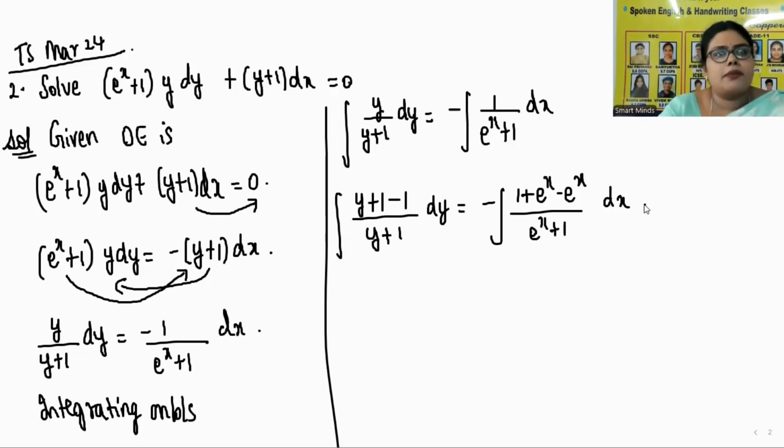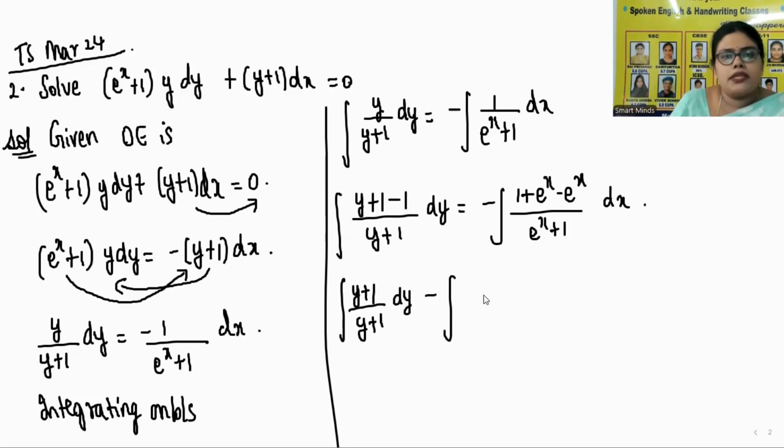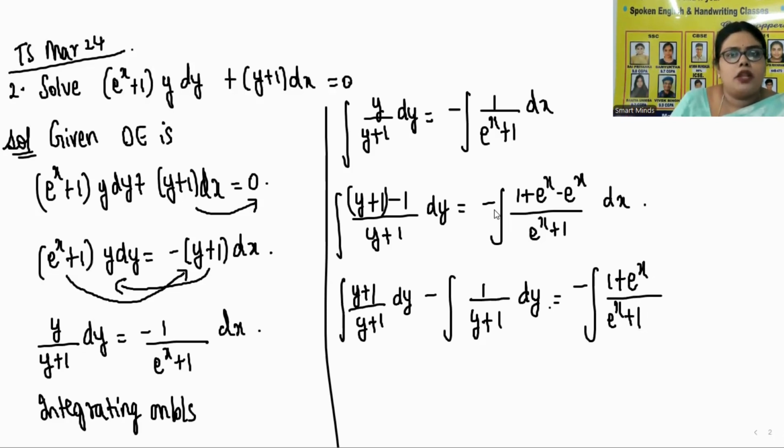Now we will separate it. Listen carefully to how we are separating it. Integral y plus 1 by y plus 1 dy minus integral 1 by y plus 1 dy. Did you understand? I separated this term and this term. Then here also we will separate: minus integral 1 plus e power x by e power x plus 1. Now minus into minus will become plus: plus integral e power x by e power x plus 1.